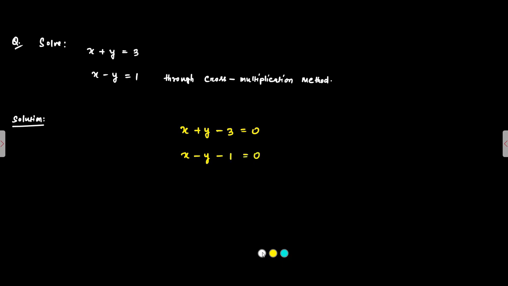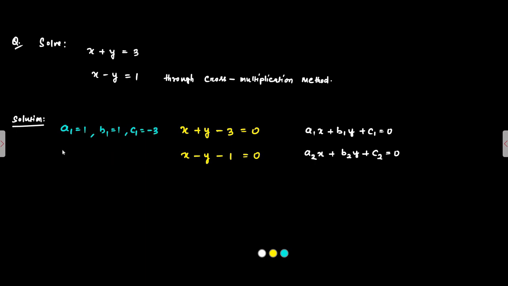So if we compare it with this format, that is a1x plus b1y plus c1 is equal to 0 and a2x plus b2y plus c2 is equal to 0, then we'll have here a1 is equal to 1, b1 is equal to 1 and c1 is equal to minus 3.